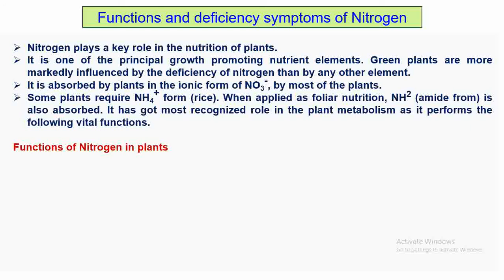Nitrogen is absorbed by the plant in the form of the nitrate ion. Some plants require the ammonia form of nitrogen. When applied for foliar nutrition, nitrogen is in amide form. It is also observed.